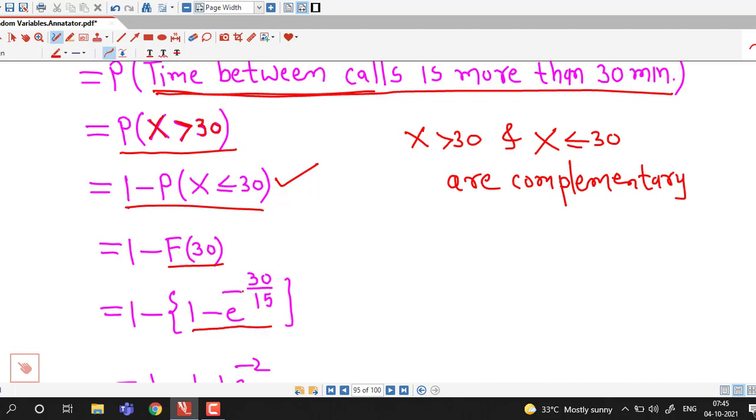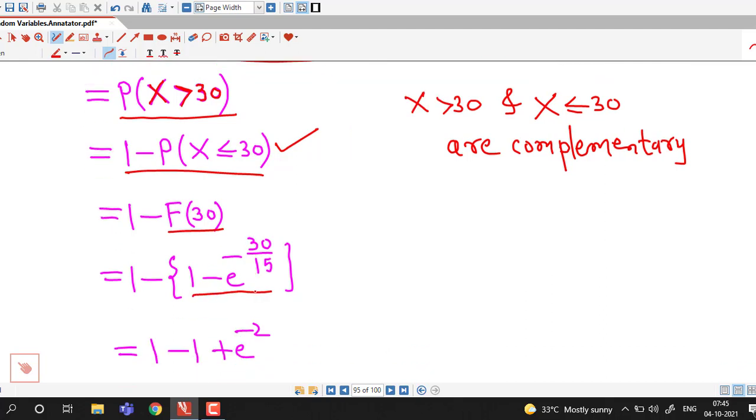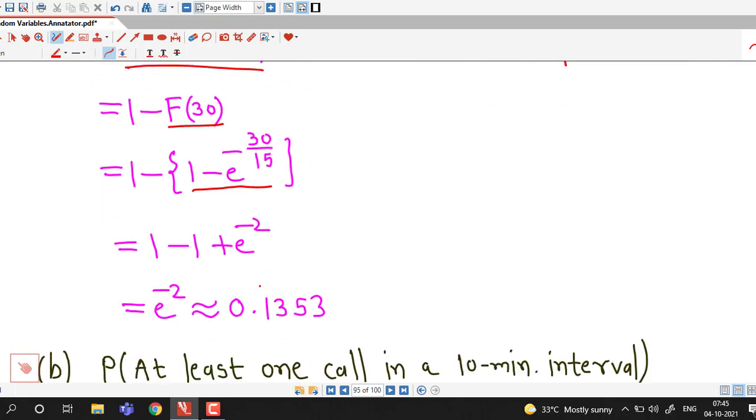It is 1 minus e raised to minus 30 by 15, and after simplifying we obtain this probability as e raised to minus 2, which is approximately equal to 0.1353 up to 4 decimal places. So this is the probability that there are no calls in 30 minutes.